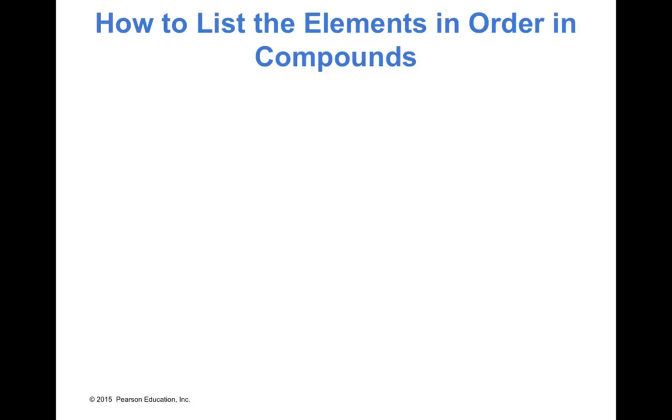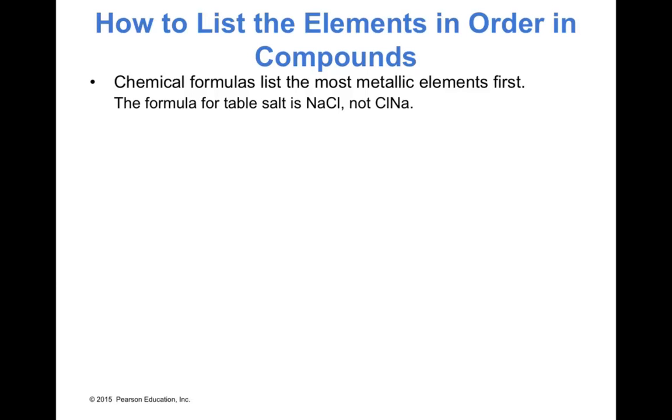Now, how to list the elements in order in compounds. The first rule basically is that chemical formulas list the most metallic elements first. So if we have sodium chloride, that is table salt, the sodium is from family number 1, while chlorine is from family number 7. Sodium is a metal, chlorine is a nonmetal, so that's why we write sodium chloride as NaCl.